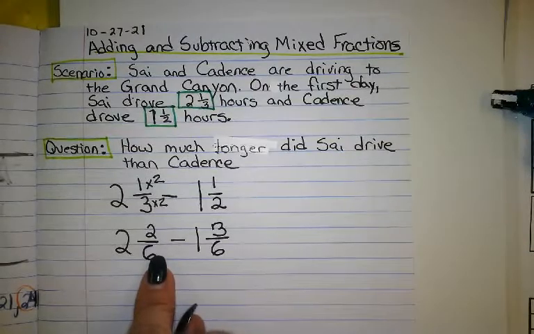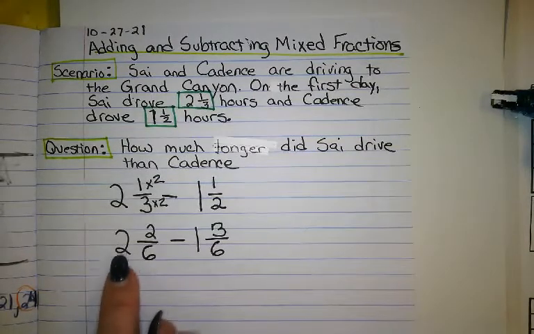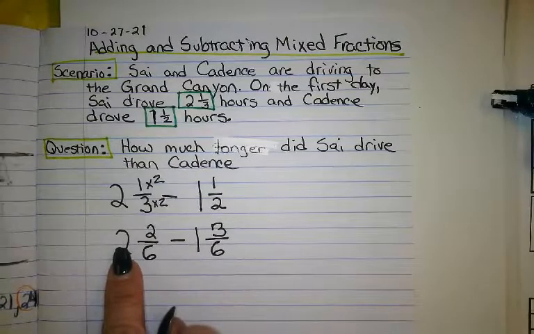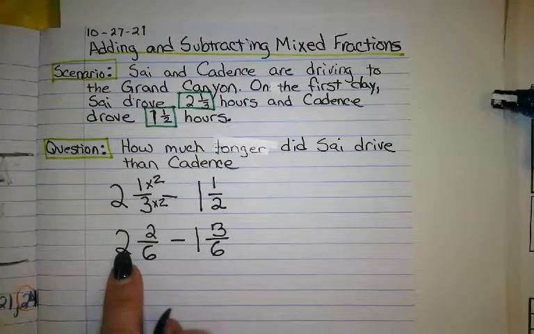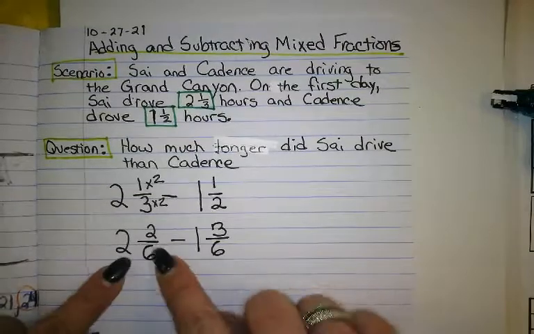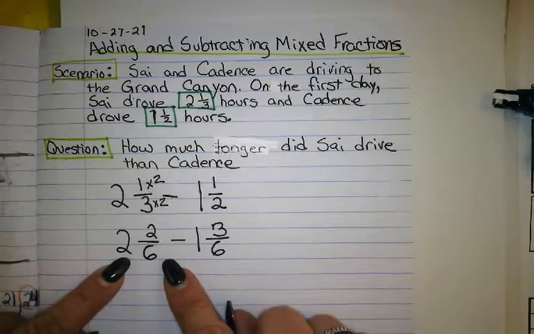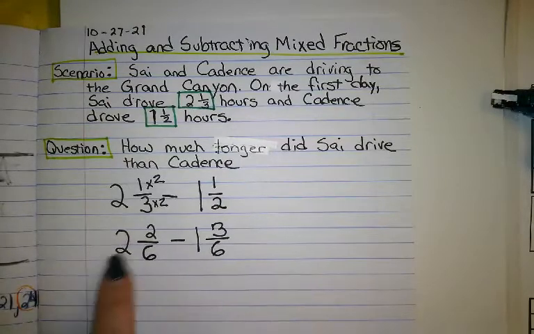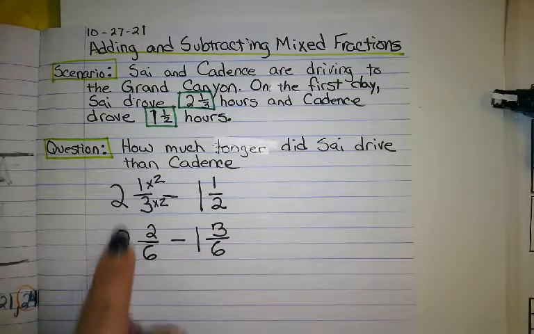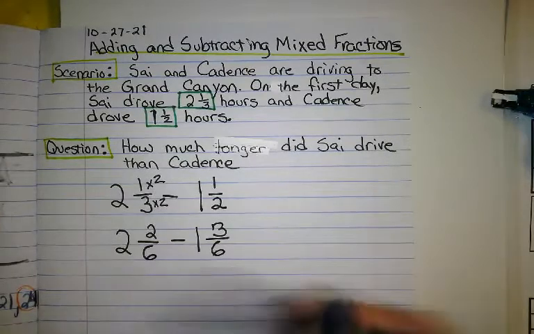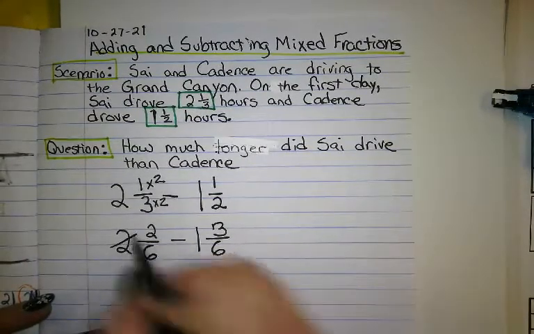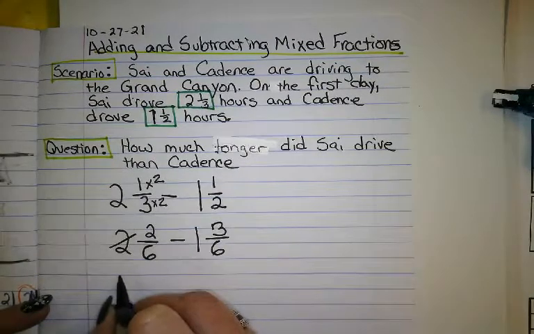So what I've got to do yet again is I'm going to have to take something from my whole number. Right? Can I represent 2 2/6 differently? I can. So, can I take away 1 whole from 2? Yes, I can. If I take away 1 whole from 2, that would leave me with what? 1.